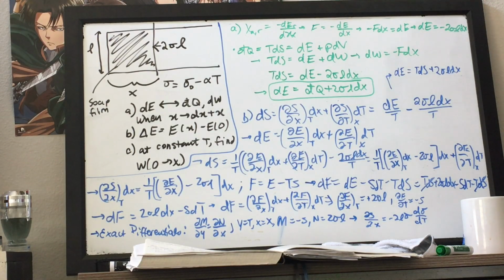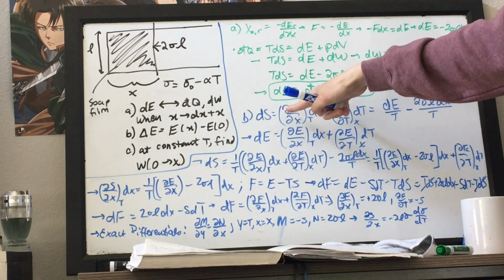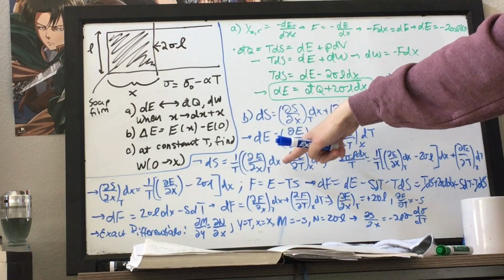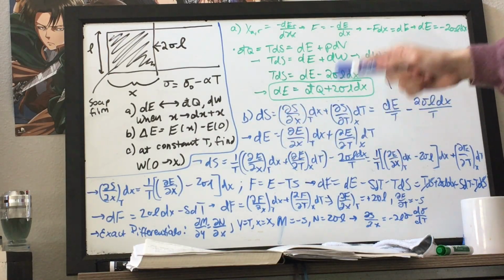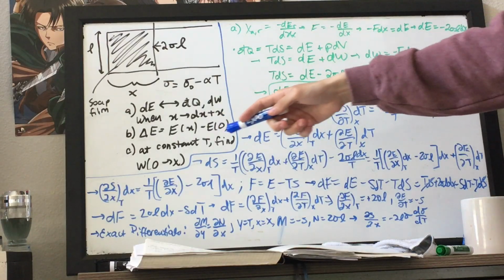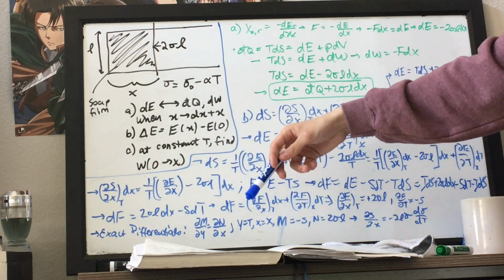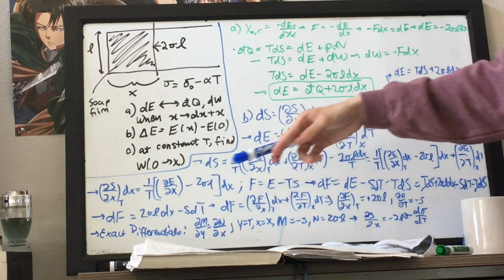So from direct comparison with the differential definition of dS, and then the explicit definition of dS, we can concretely say that the change of entropy with respect to X is equal to this term here, where we have the derivative of E with respect to X minus the surface tension.